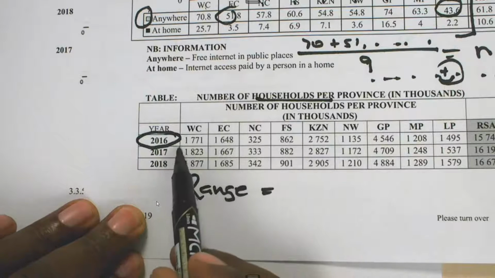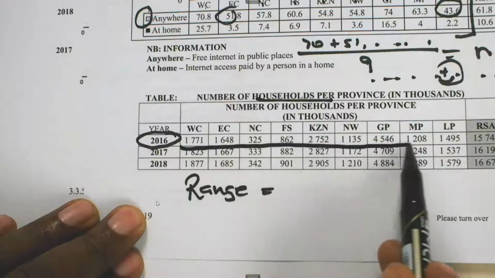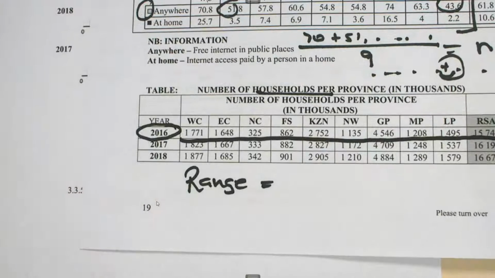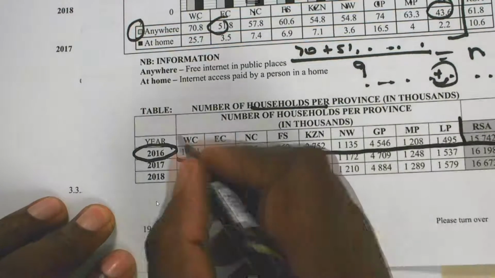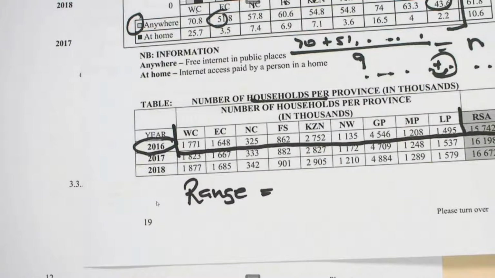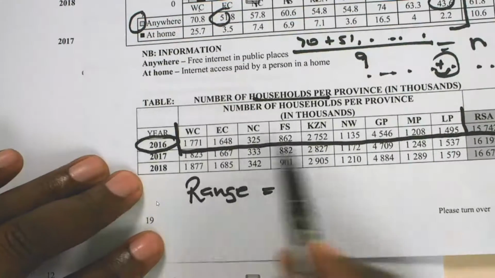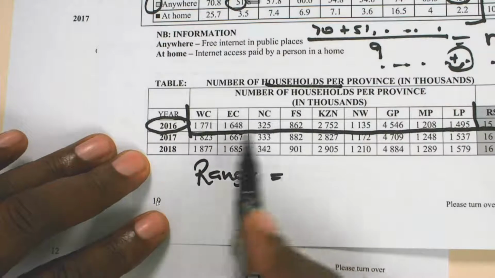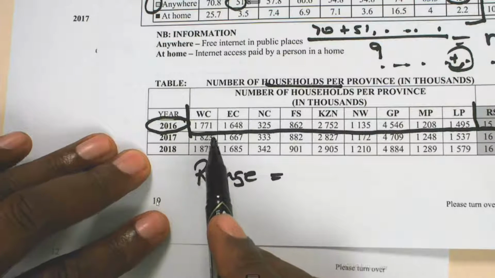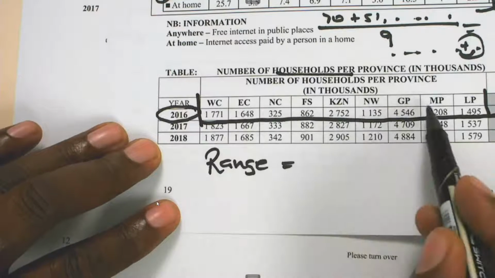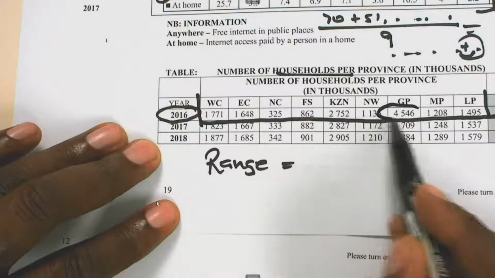So you're going to focus on this. It is very important that you pick the correct table or line or row. So in this case, we are going to focus on this. What is the highest in these 9 provinces? Amongst these 9 provinces, it will be GP, if I'm not mistaken.